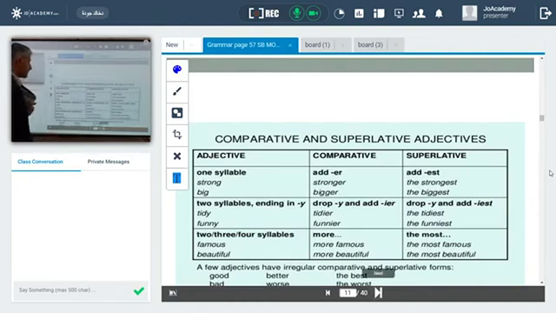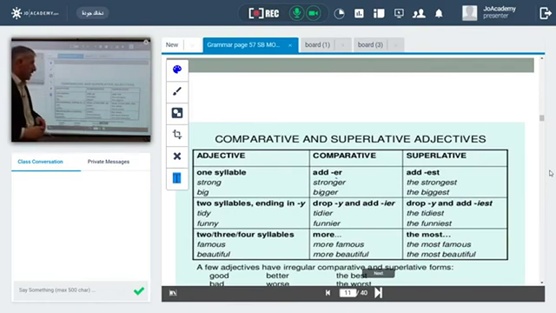Okay. Comparative and superlative adjectives. We will also talk about the superlative, but later on. If the adjective is one syllable, we add er to the end of the adjective. Like the adjective strong becomes stronger, and the adjective big becomes bigger than.